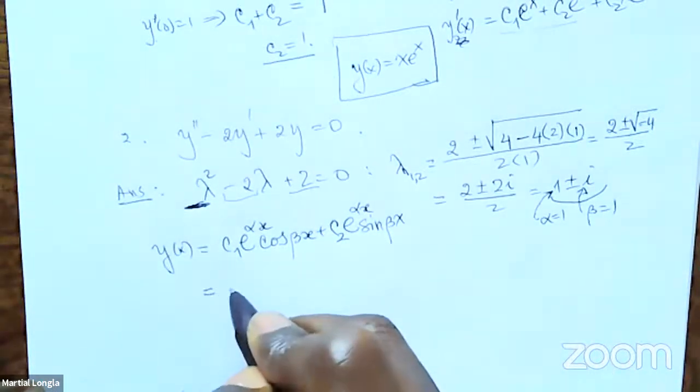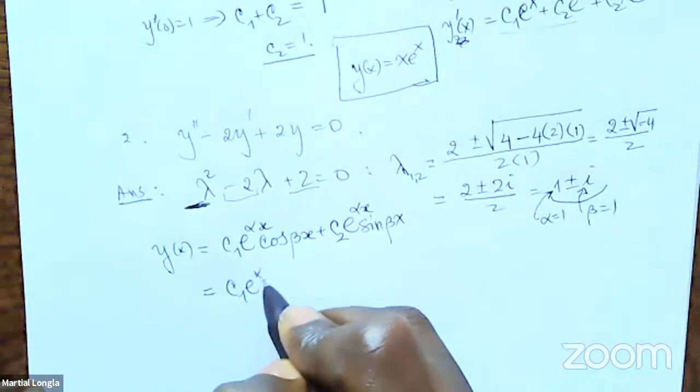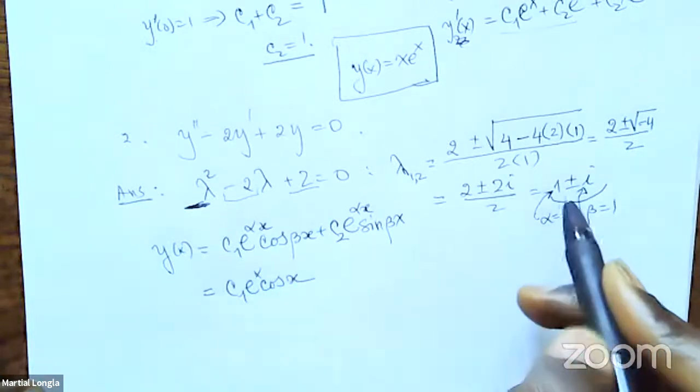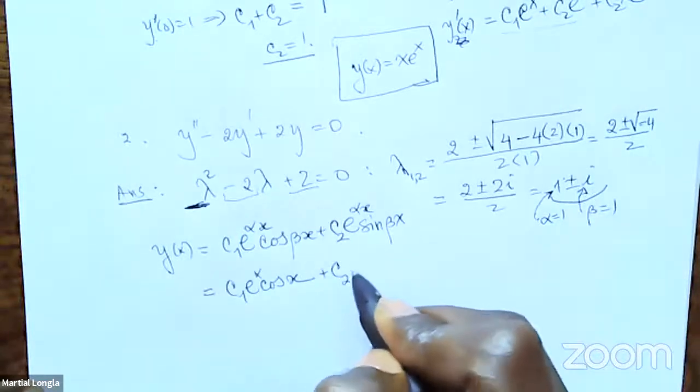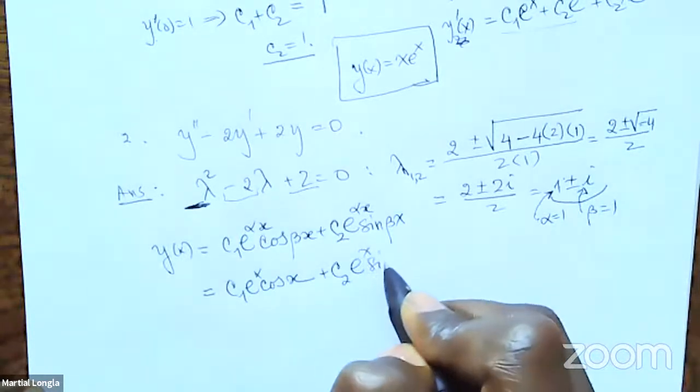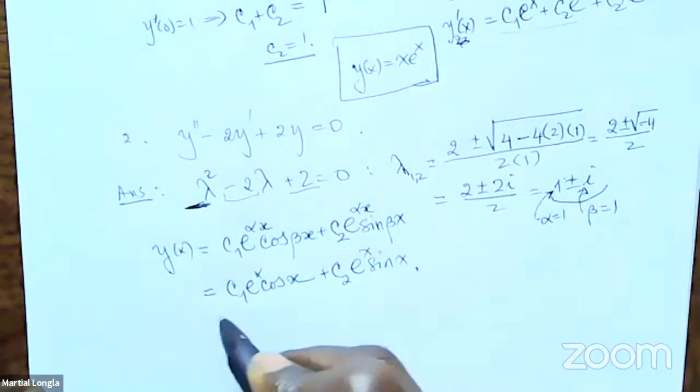And in this case, that's c1 e to the x cosine x, because alpha is 1, beta is 1, plus c2 e to the x sine x. That's it.